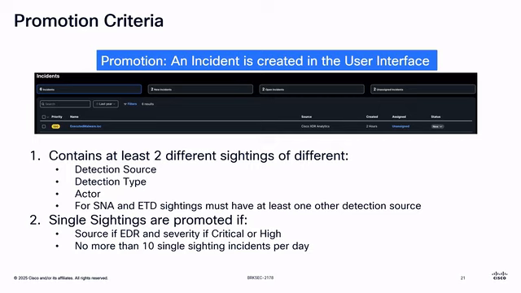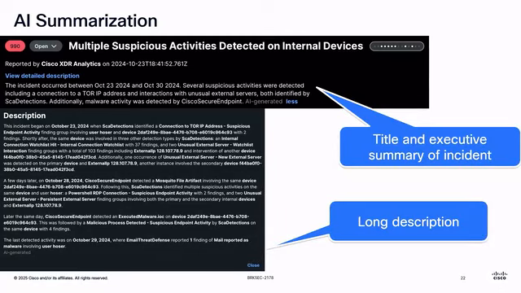And so the SNA core suspect data hoarding, suspect data loss, and command and control sightings need to correlate with another detection source, and the same with an ETD sighting. There is no single sourced ETD events, for example, so they need to correlate with something else. And that's just mostly to prevent incidents that are otherwise not descriptive enough in what they're doing. Okay, and I believe I'll show a couple of those.